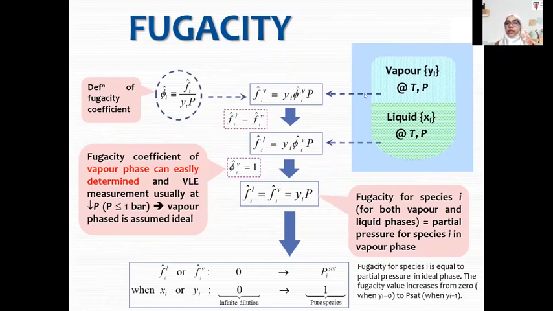Okay, for the fugacity in equilibrium, we have the species in the solution in the vapor phase and also the liquid phase. In equilibrium, we have the same value of fugacity, and it gives that the fugacity coefficient of the vapor phase can be easily determined as equal to 1, since VLE measurements are usually at low pressure, less than 1 bar.